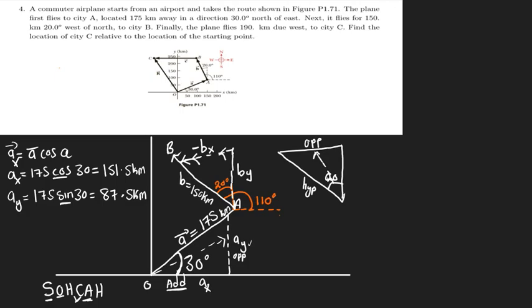This implies that this guy here is your adjacent. Now, from SOHCAHTOA, opposite is enclosed by sine. So it implies that for this negative bx, for us to find negative bx, we want to multiply by sine, because that is the opposite.